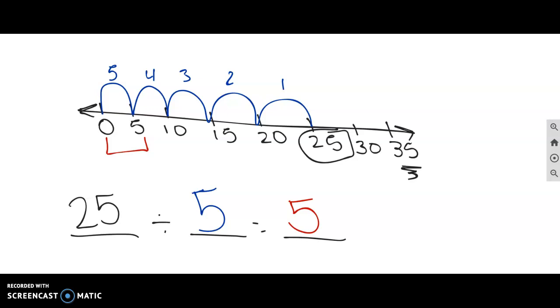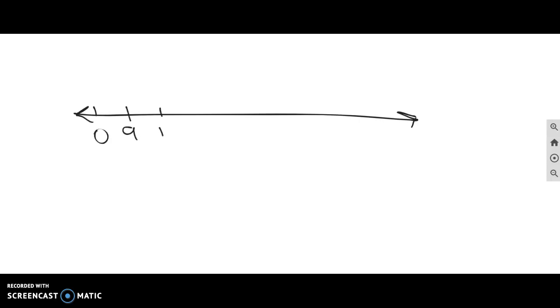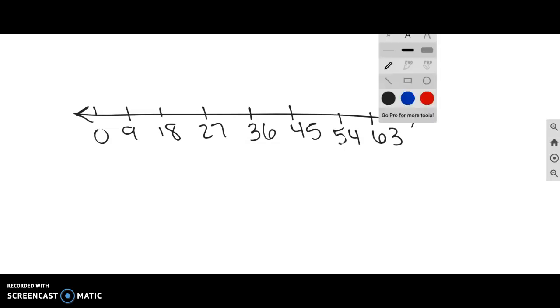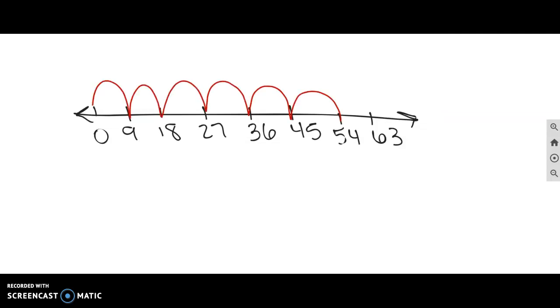Okay, so let's do one together. And here's our number line. And here are our hops. Okay, now let's create our equation.